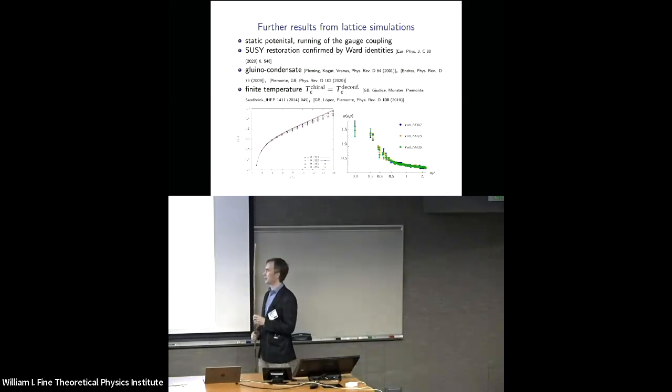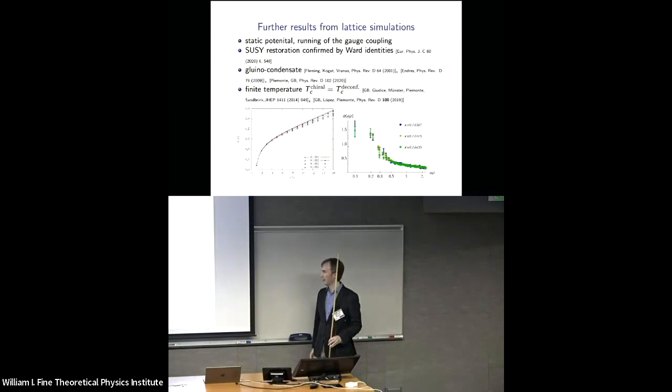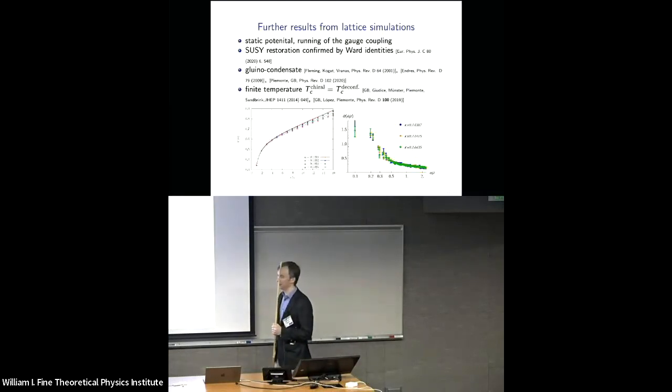So you have to use some methods to determine this, or you have to use domain wall or overlap fermions. But this has also been determined and measured. And we have studied the finite temperature transition of supersymmetric Yang-Mills theory.